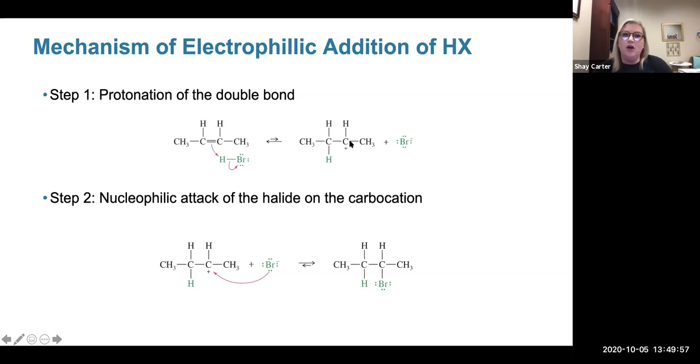And we end up with a carbocation on our most substituted carbon, which, these carbons are actually symmetrical, so it really doesn't make a difference, okay? And we end up with a bromide ion, which then also becomes a nucleophile. That nucleophile then attacks the carbocation. Okay, so we have a two-step mechanism.